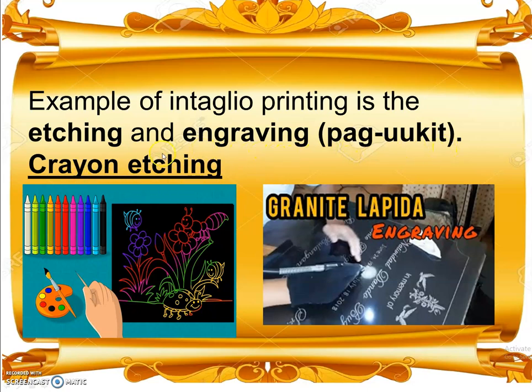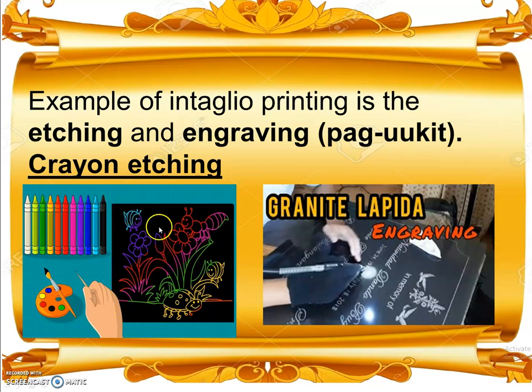So, we have here an example which is crayon etching. You're going to use all the crayons. You will put all these colors on a pad paper or bond paper. The first is the white one.